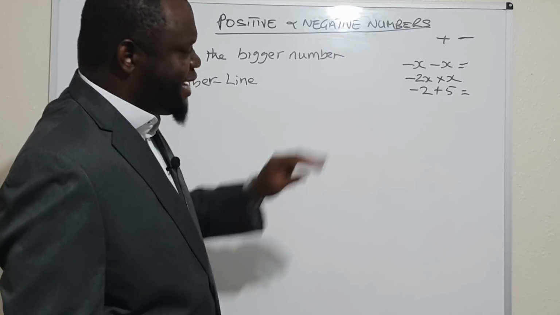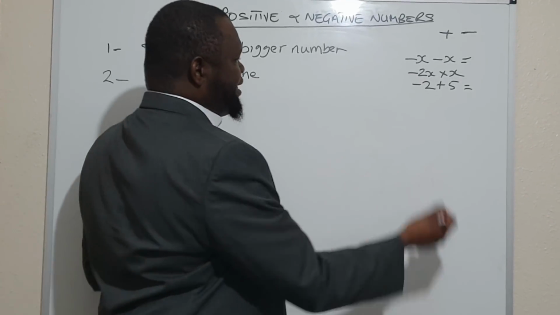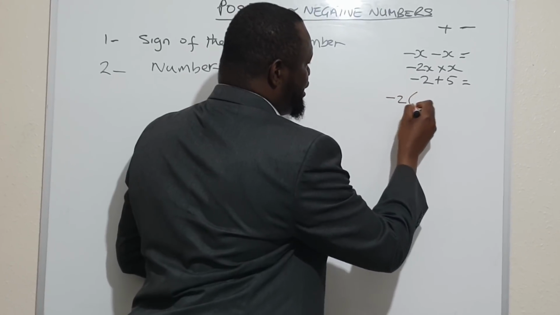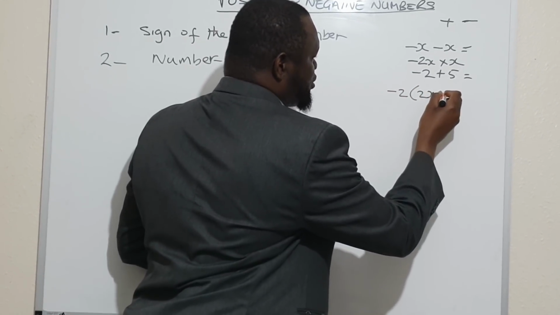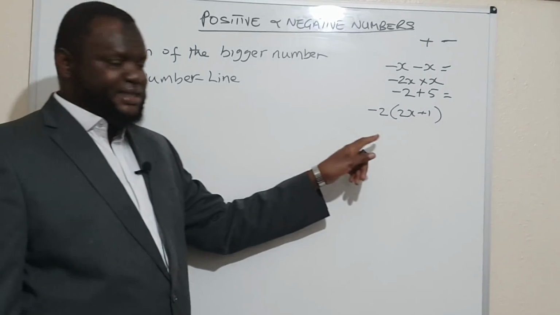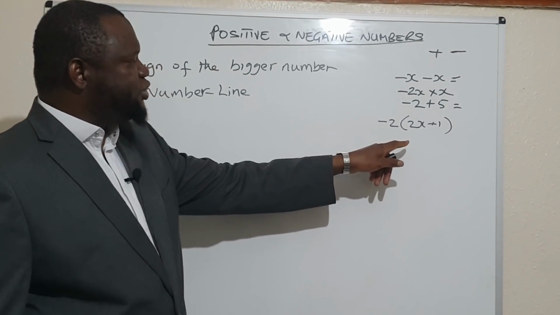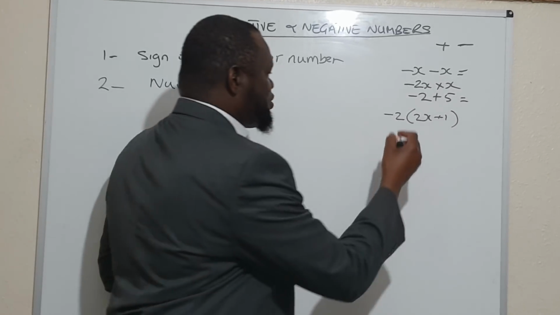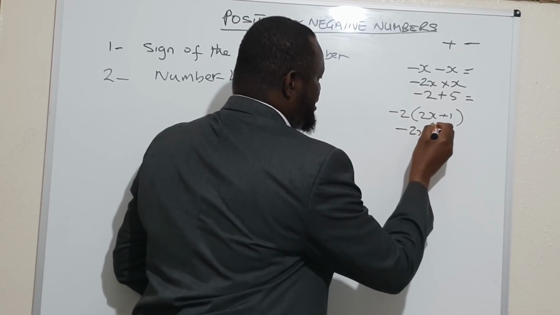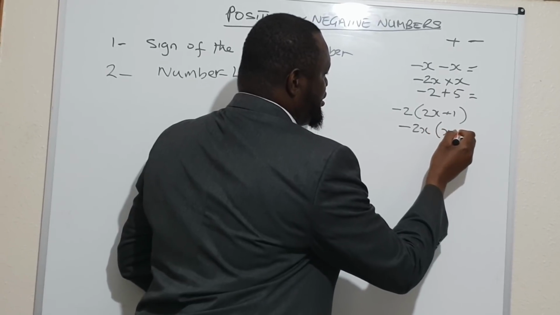So signs are used something like this. Many students make this mistake. Minus 2 into 2x plus 1. Now tell me, if you don't know how to deal with signs, this will be difficult for you. Especially some students, when I take them, I say, what is minus 2x into x minus 2?